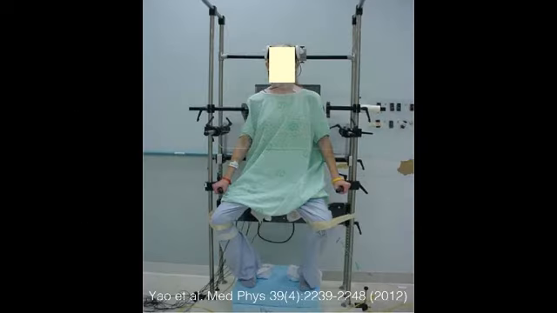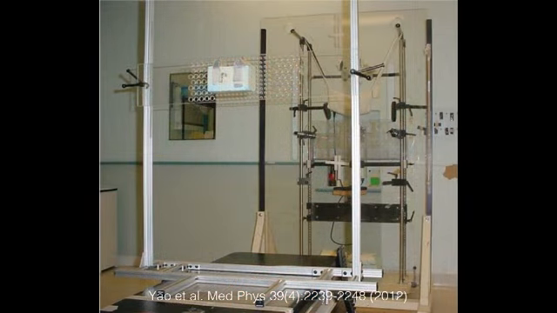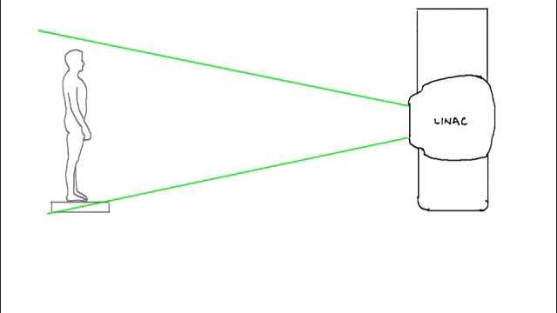This shows some of the basic equipment for TBI and the setup. So a patient will stand typically in a stand like this. Here's a drawing of it. Linac pointed sideways, and the beam comes out like this to cover the whole body. So the patient is treated AP and then turned around and treated PA. There's other equipment like the spoiler and compensators, and I'll talk about those a little bit later.